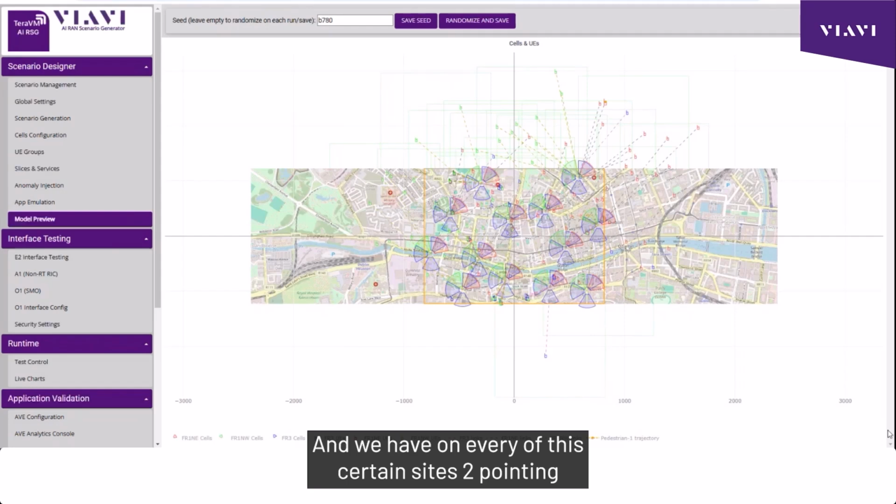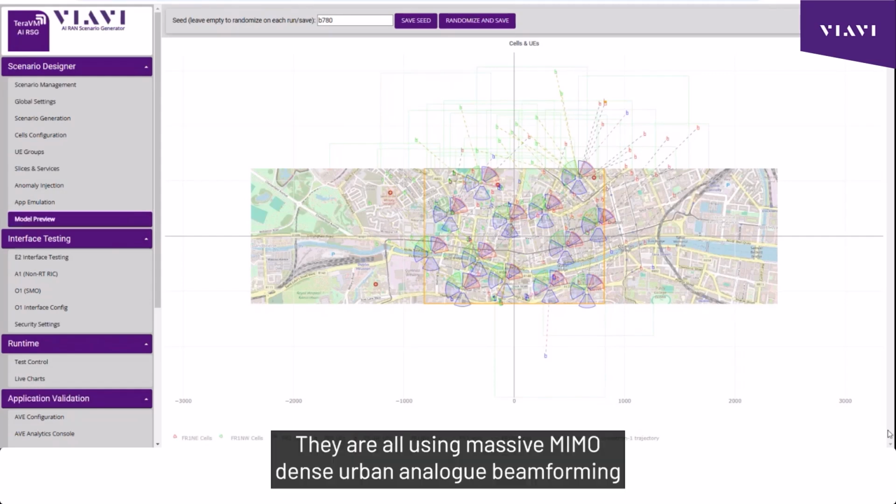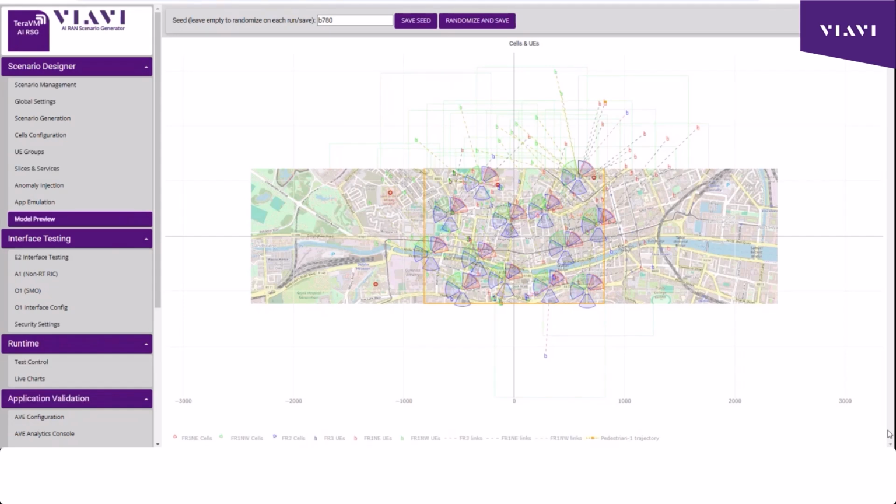And on every one of these 13 sites we have 2 pointing sectors. They are all using massive MIMO dense urban analog beamforming technology.